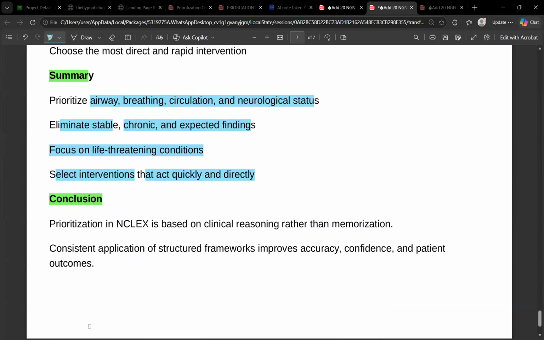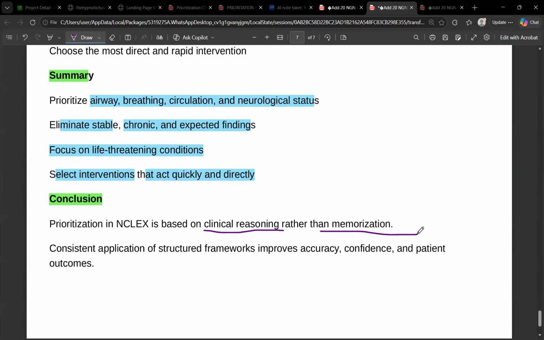Okay, so here, do you remember that in our question analysis we applied clinical reasoning rather than memorization? Even though we learned a lot of things, did you memorize any topic I taught today? No, you just analyzed each option using clinical reasoning.